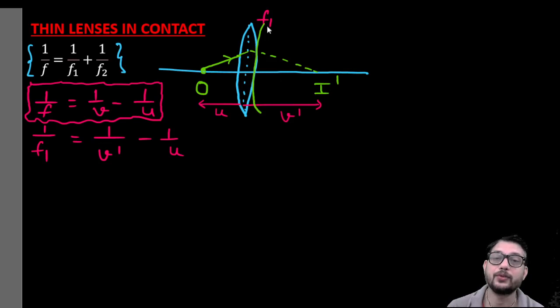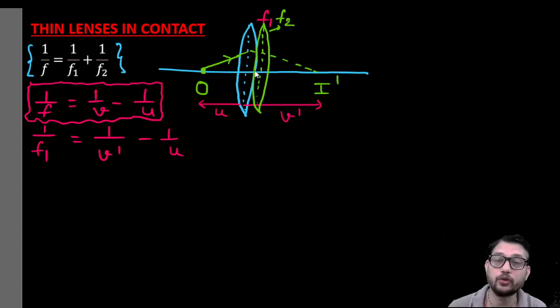This is a very thin lens, as you can see here. This is the vertical axis of the lens, and the focal length is f2. So f2 is the focal length of the second lens, while f1 is the focal length of the first lens.